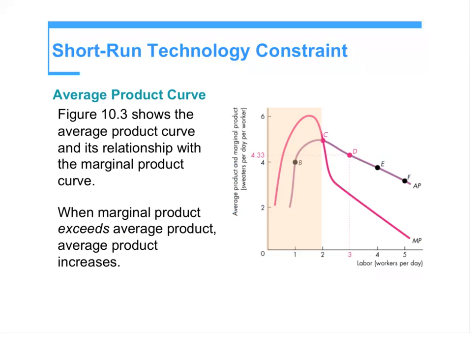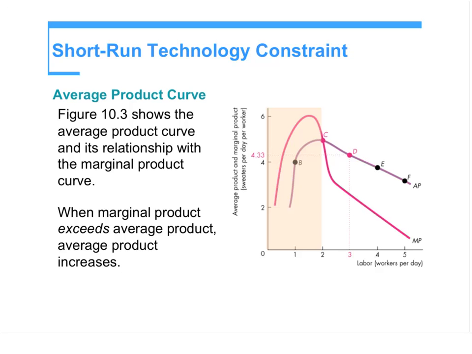Now the average product curve. It shows the product curve and its relationship with the marginal product curve. When marginal product exceeds average product, average product increases. Look at the short run technology constraints here. You see the average product curve and its relationship with the marginal product curve.